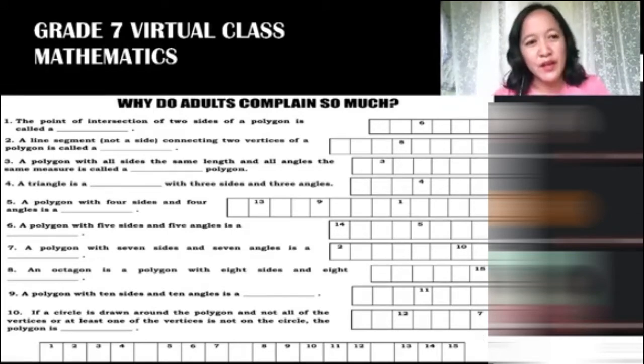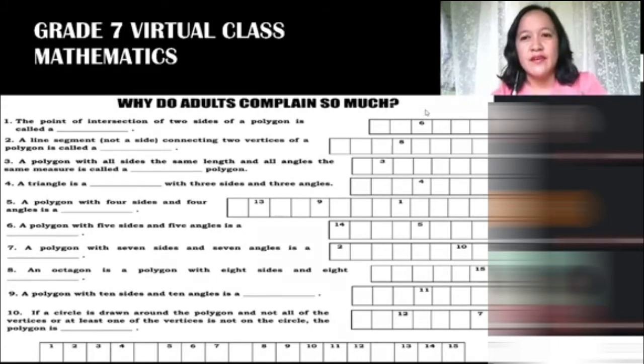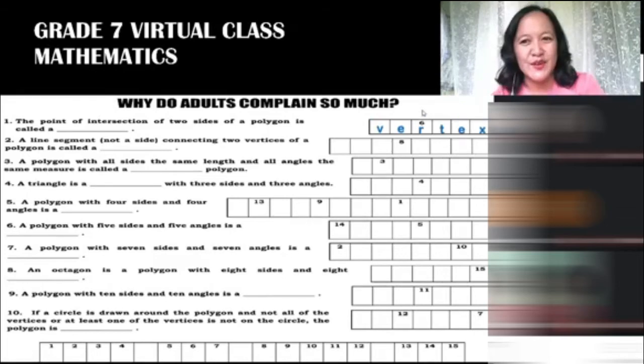April, are you there, or anyone from our students? What do you call the point of intersection of the sides of a polygon? Vertices. Oh, so singular, vertex. Okay.